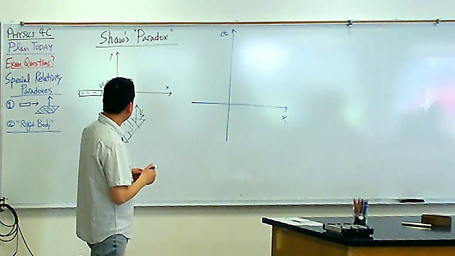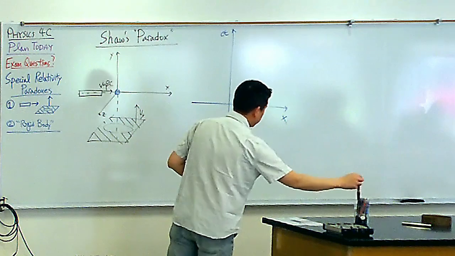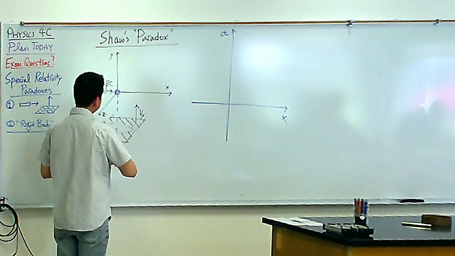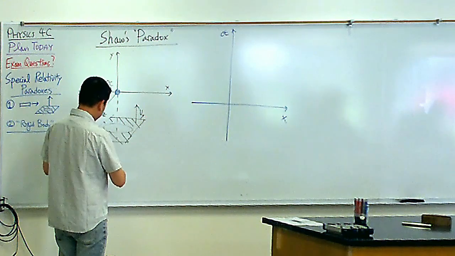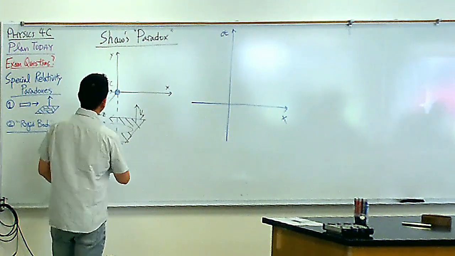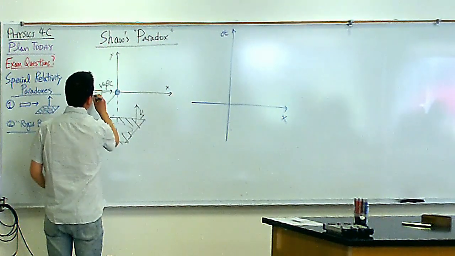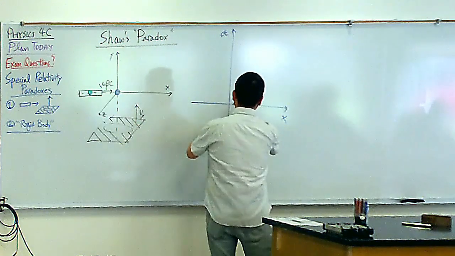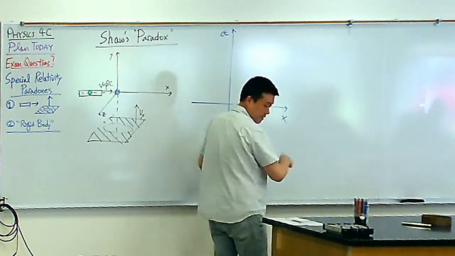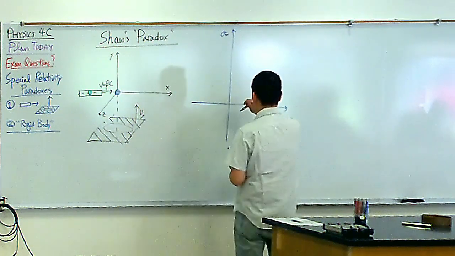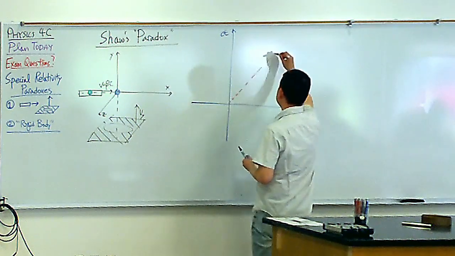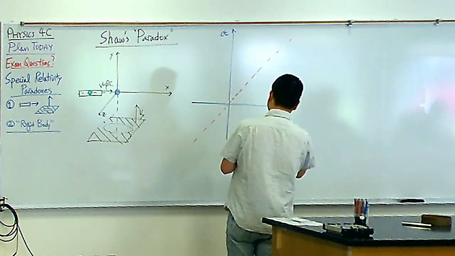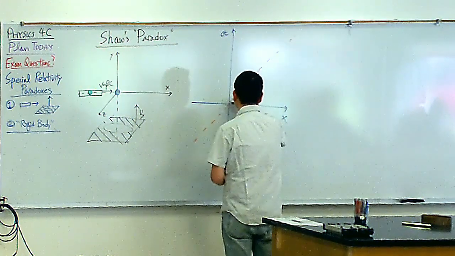And I don't want to be too confusing, so let me draw the axis for the observer who's traveling with the ruler. For that case, the axis would look something like this. Let me draw the light cone first so that I can draw this reasonably. So the time axis tilts in this direction.